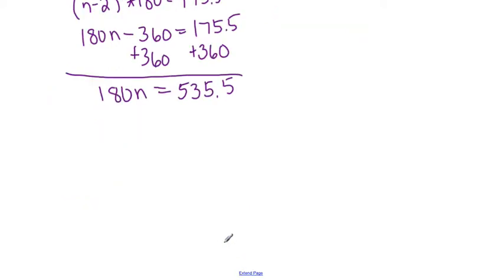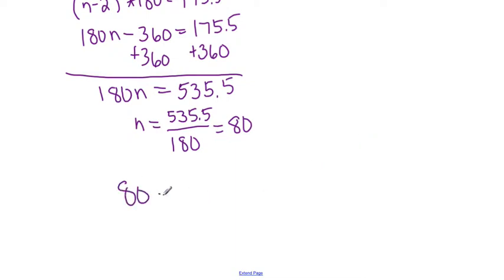Now I will divide both sides by 180. And find that I get n is 80 sides. Wow, that is an 80-gon. Wow, lots of sides on that polygon.